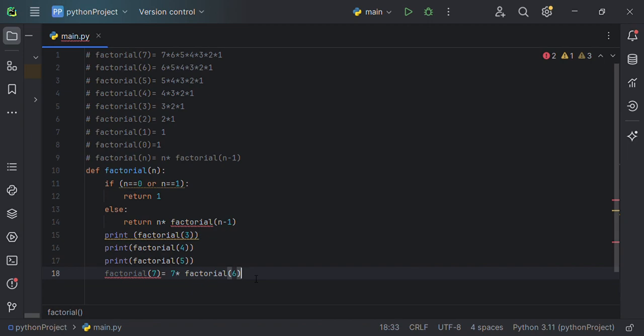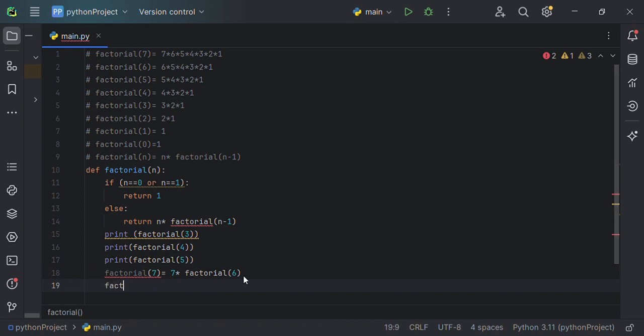Now to find the factorial of 6, it means 6 multiplied by factorial of 5, because if n is 6, n minus 1 will be 5.